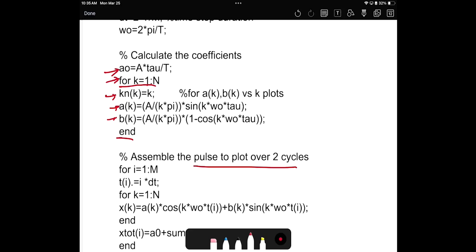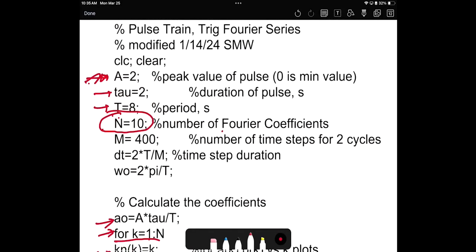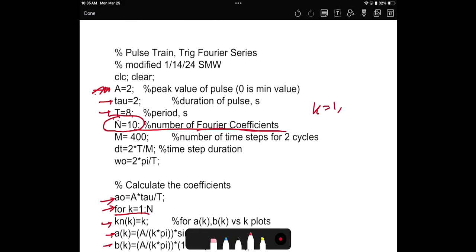For example, in this code we used coefficients until 10, starting from k equals 1, 2, 3, until we stopped at 10. If you want to modify it, you can make n equal 50, so k goes from 1 up to 50. If you want 100, you can make it 100. But you cannot make it infinite.